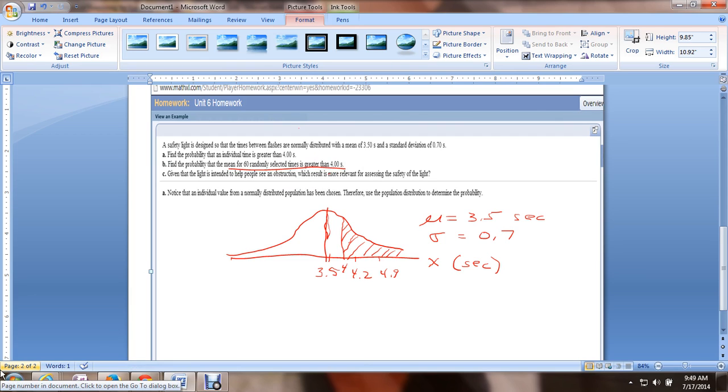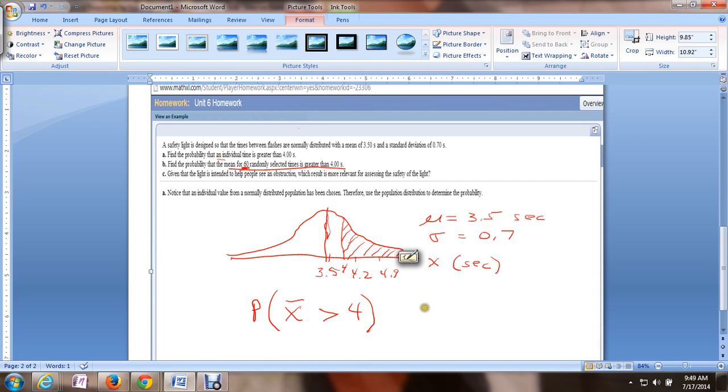They took a sample of 60 flashes and timed them, and they want to know the probability that the average time between flashes for those 60 is greater than 4. So we have to use the central limit theorem. We use that whenever our sample is greater than 1. In part A it was 1, an individual time, but in part B it's 60.